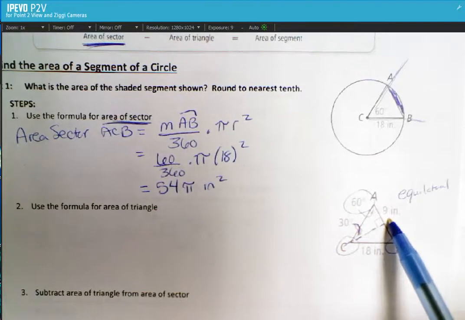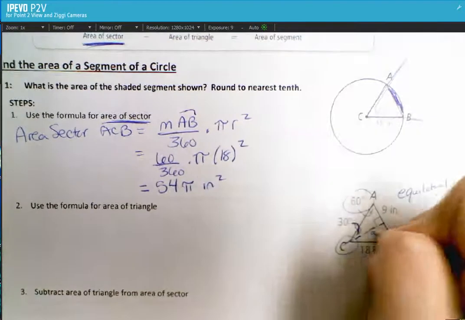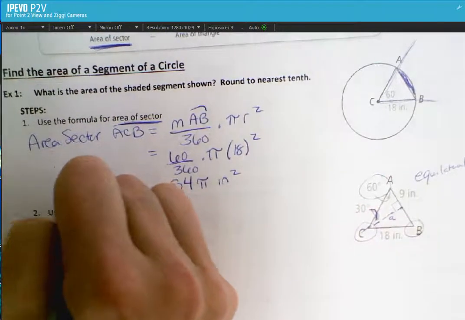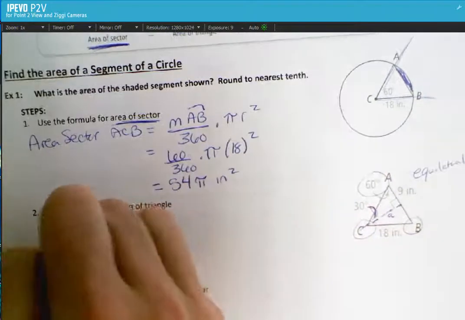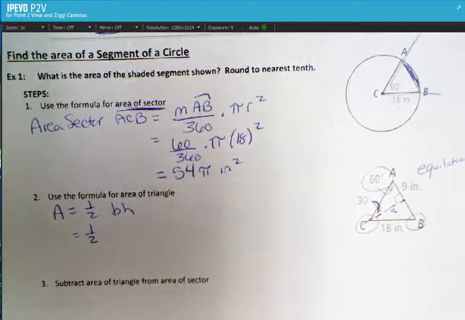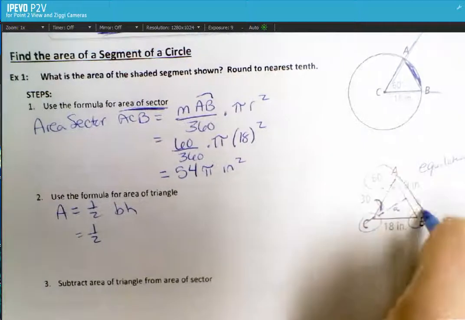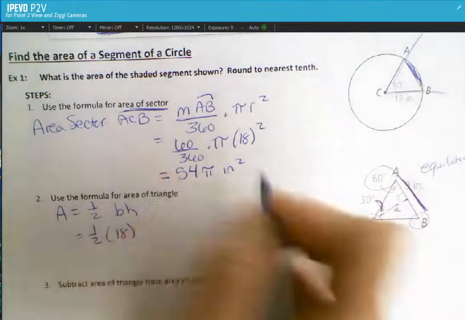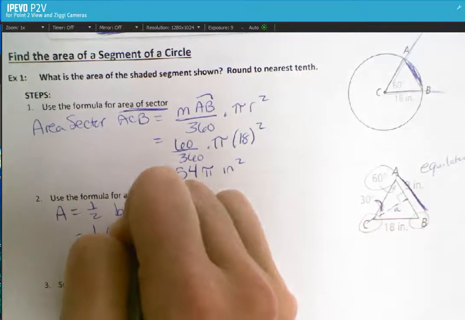So we already know how to find this apothem, because I know the area of a triangle is equal to 1/2 base times height. So I've got the area of a triangle, 1/2. The base, the entire thing that it's perpendicular to, is 18. And I have to find the height, which happens to be my apothem.